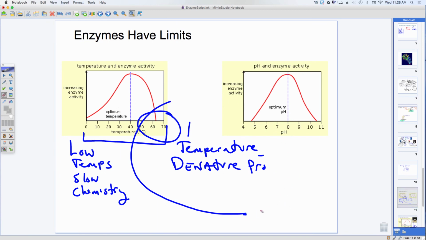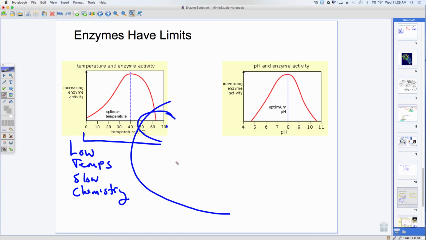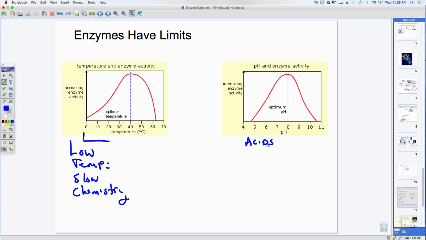Denatured proteins don't work. Final point is just so that you can see that enzymes have optimal pHs in which they function. Some enzymes do great in acids, but some enzymes do not do well in acids, and the same can be said for bases.